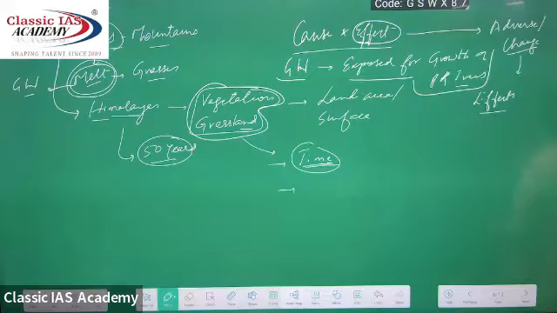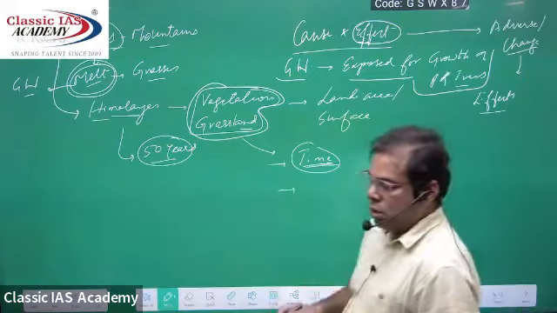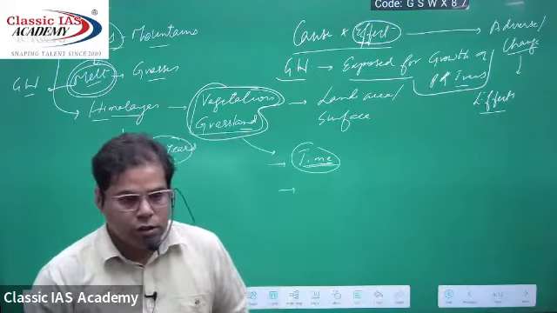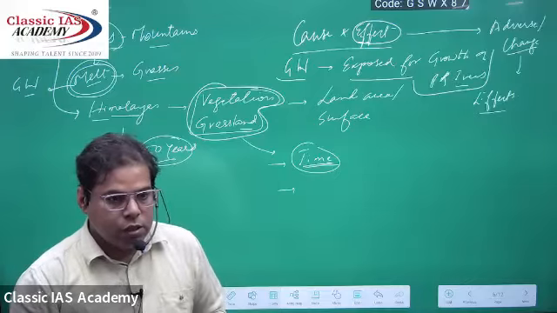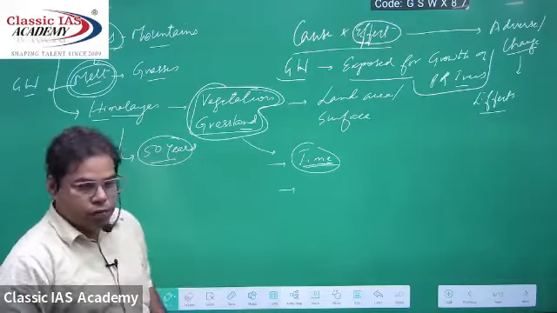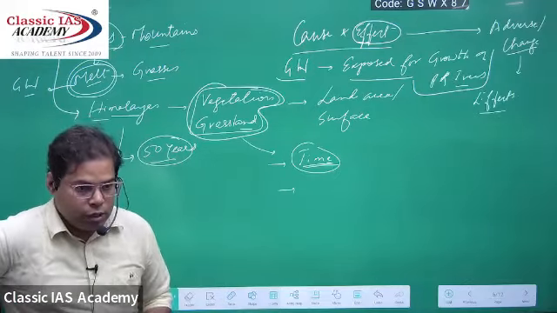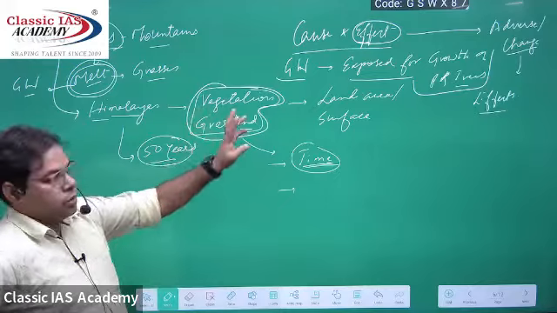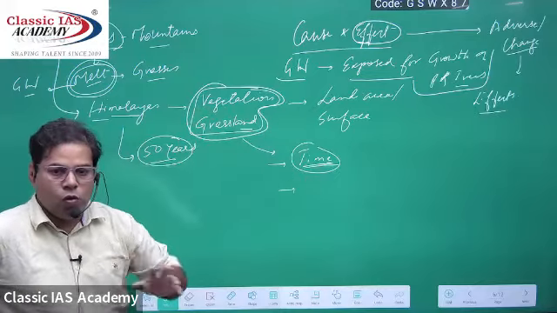The change which has taken place in the Himalayan zone, that is the effect. Geography is a study of spatio-temporal analysis and cause and effect relationship. So that is all about geography.